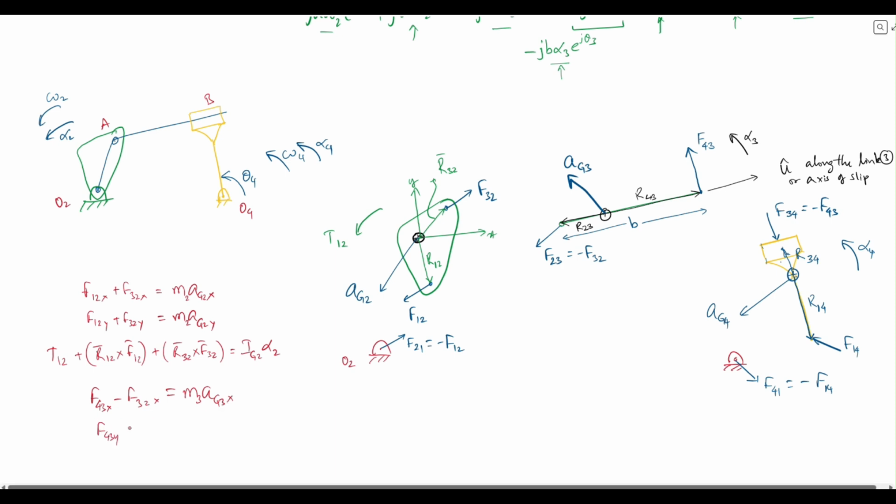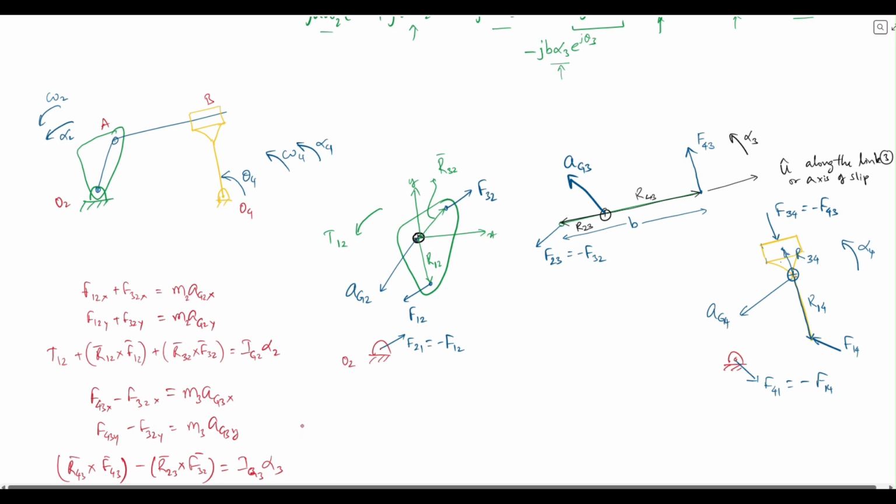We have F43y minus F32y is M3 AG3y, and then R43 crossed with F43 minus R23 crossed with F32 should be equal to IG3 alpha 3.